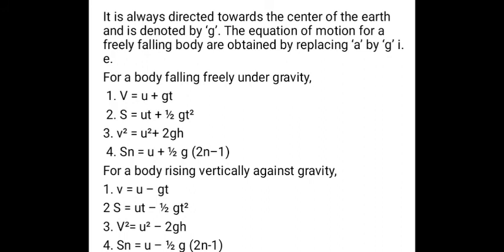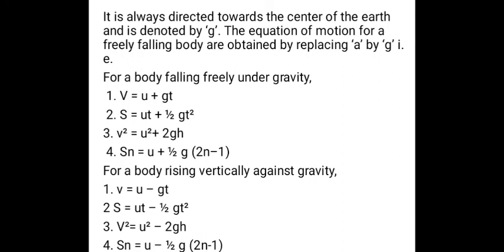It is always directed towards the center of the earth and is denoted by small letter g. The equations of motion for a freely falling body are obtained by replacing a by g in the equations of motion.